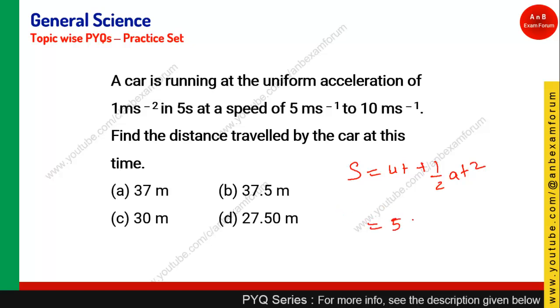What is time? 5. What is acceleration? It is 1. What is time? 5. So 5 into 5 is 25. So it is 25 plus 25 by 2, which is 12.5. So it is 37.5. Those who have given option B, they are right. 37.5 is the distance traveled by the car.